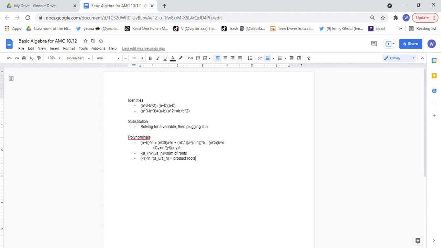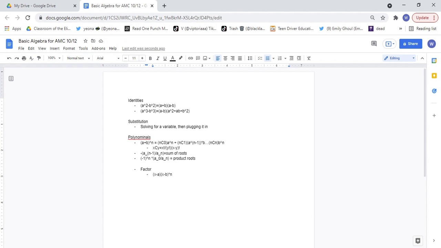And then finally, with polynomials, the most important thing by far is knowing how to factor. I'm sure everyone has done second degree polynomial factoring, and the answer is always in the form (x minus a) times (x minus b), and then maybe multiplied by some constant like j or n, if you can factor something out of the equation beforehand.